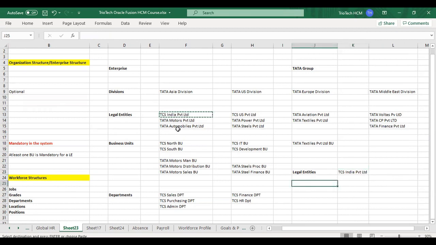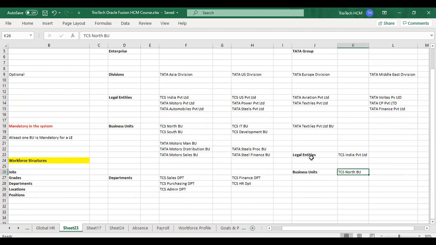Next it will ask us in this company, in which business unit you are hiring the employee. So in this legal entity, in this business unit, I am hiring the employee. The details we will capture. And next it will ask us in the system after legal entity and business unit, in this business unit, in which department you are hiring the employee? I am hiring the employee in TCS sales department.